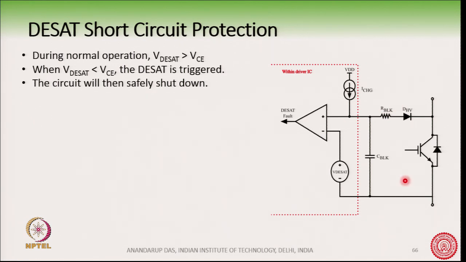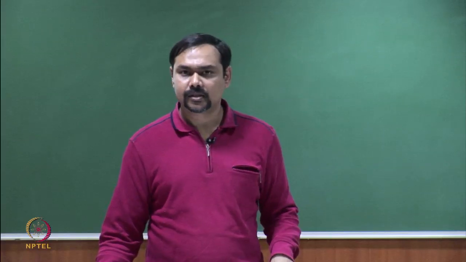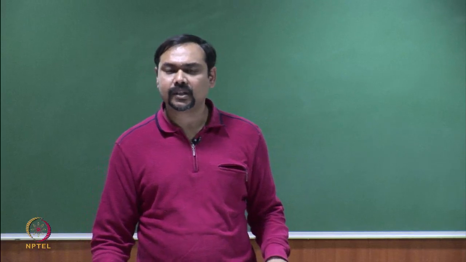because you see here, if you do not use these components, what happens is that every time this IGBT is turning on, it is going from the VDC voltage to suppose 2 volts, which is the VCE on of the device.